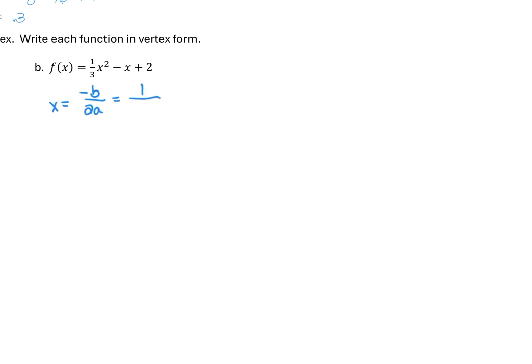This is going to be 1 over, 2 times 1/3 is 2/3. And we don't want a complex fraction, so we can see this as 1 divided by 2/3. And remember that when we divide fractions, we want to copy dot flip. And so we get x is equal to 3/2.